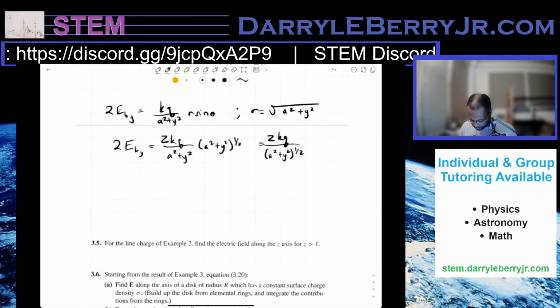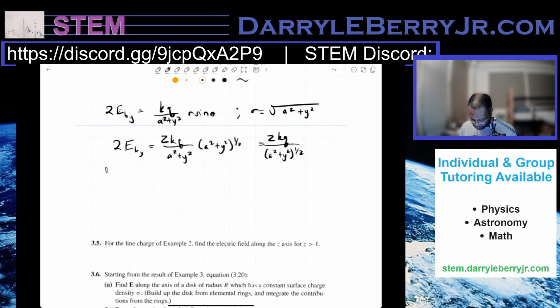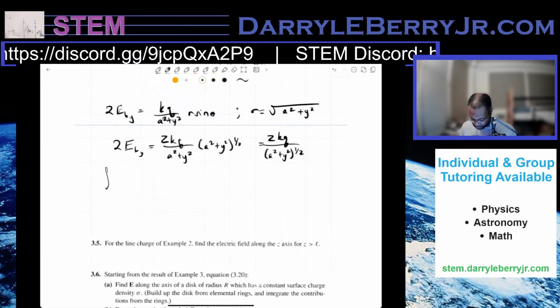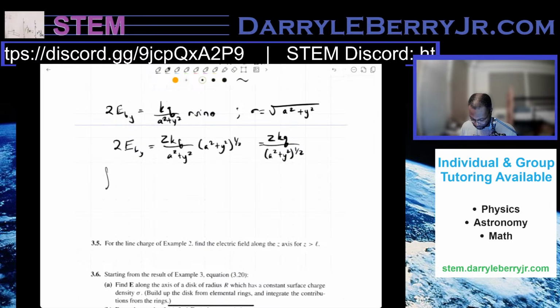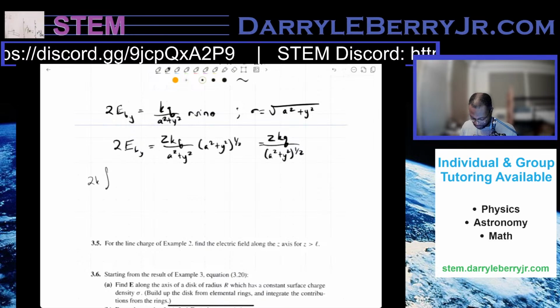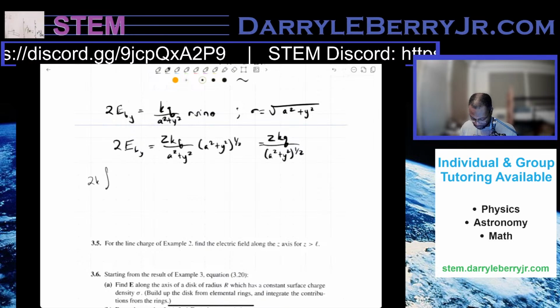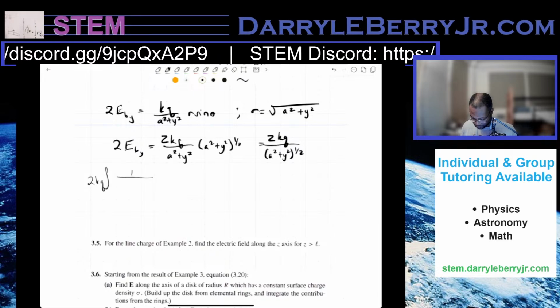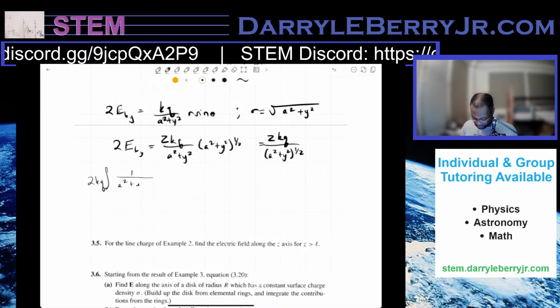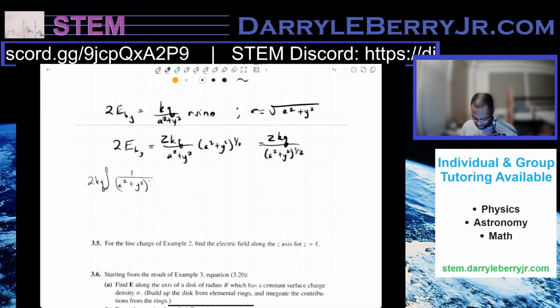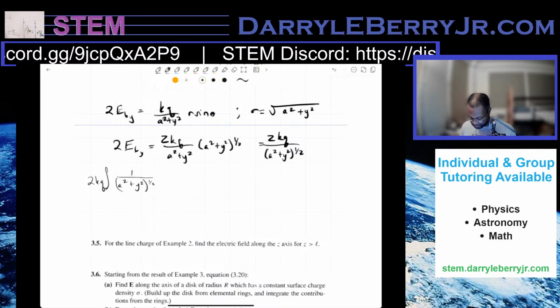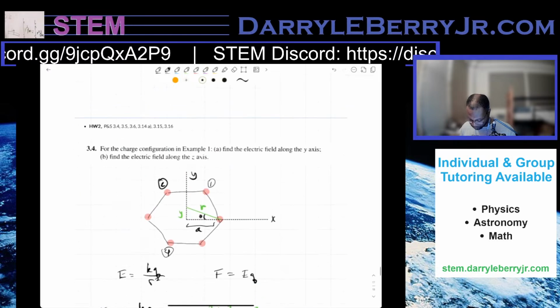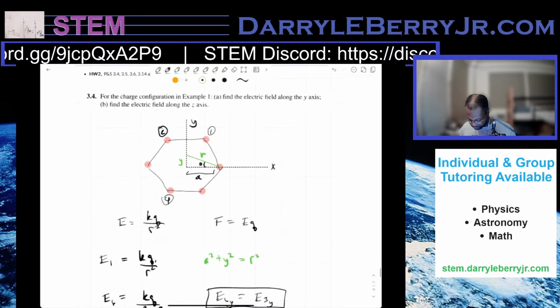Let's see what the electric field is for those two. That'd be the integral 2kq1 over A squared plus Y squared to the 1/2, and Y is changing.